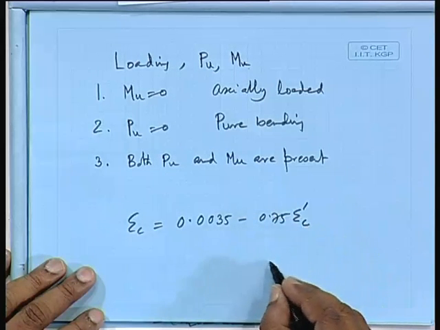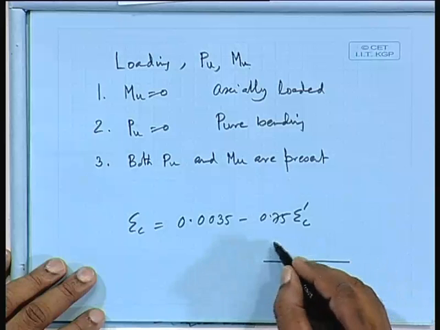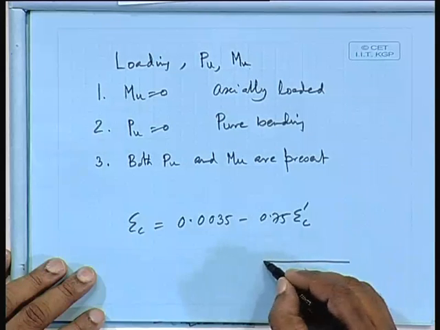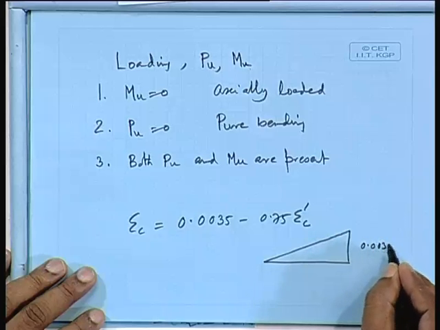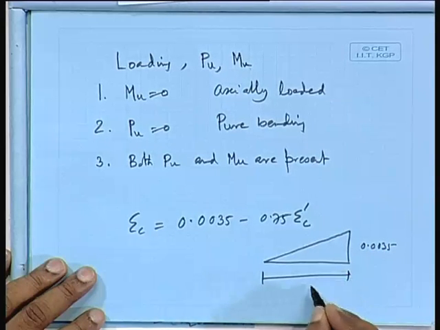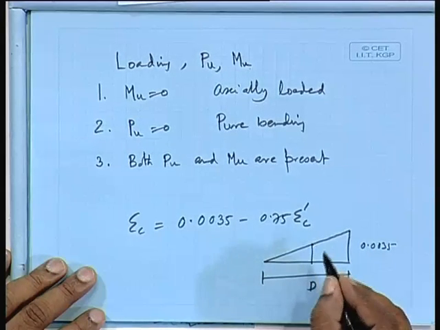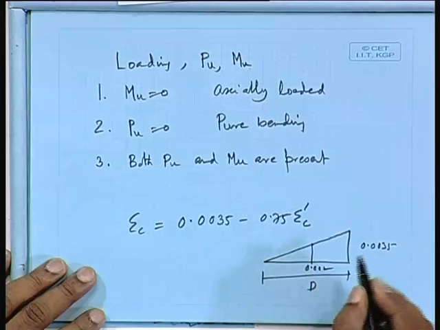If this is the section, this is 0.0035, and somewhere here we have the pivot, that is 0.002.